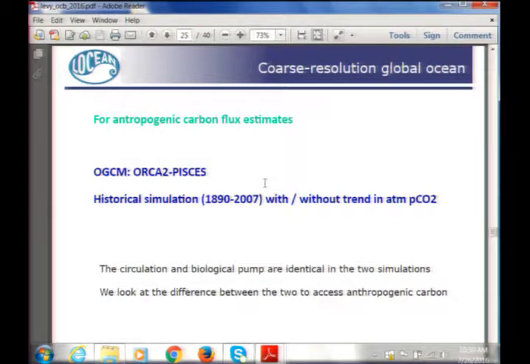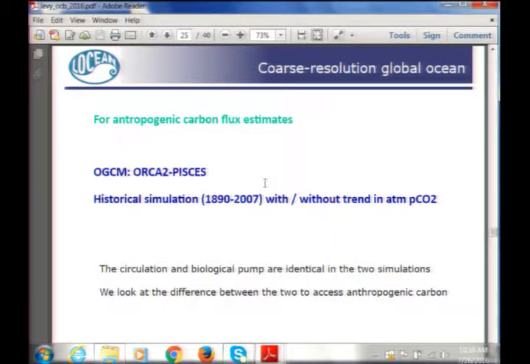Now let's go to the anthropogenic carbon part of the problem. And now I'm using simulations, which are historical simulations from period 1890 down to 2007. I have 2 simulations, so they have the exact same physics, the exact same biology. The only difference between the simulations is the amount of CO2 in the atmosphere.